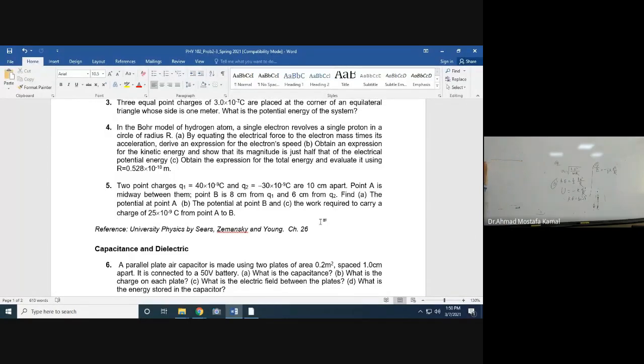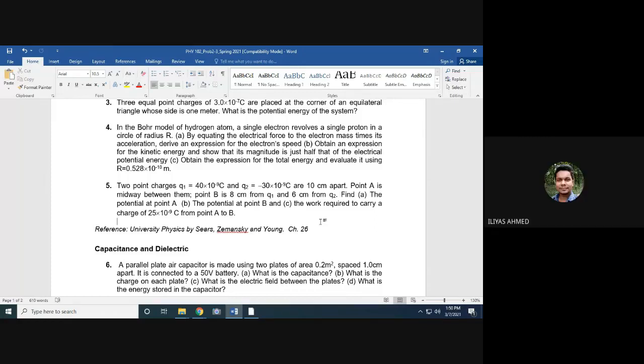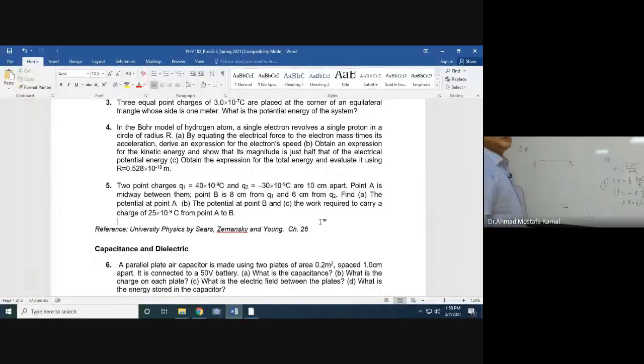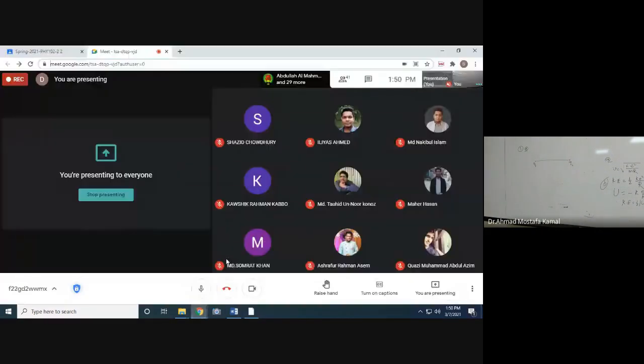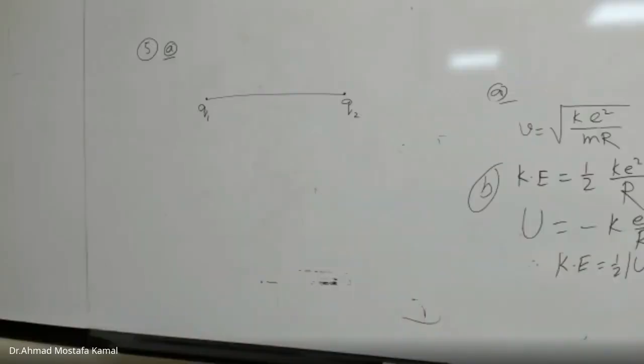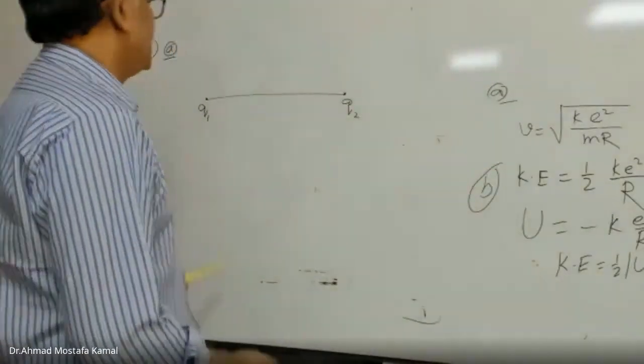Say Q1, the value of Q1 is given, and value of Q2 is given. স্যার কাইন্ডলি একটু ডান দিকে আঁকবেন ফিগারটা। ওই স্যার শেয়ারিংটা অফ করে দিন স্যার। Can you see now? জি স্যার এবার পুরোটা দেখা যাচ্ছে। This figure? Yes, sir. Okay. So Q1 and Q2.